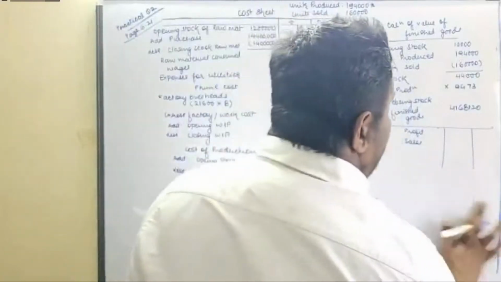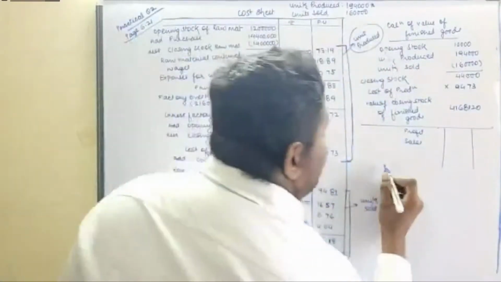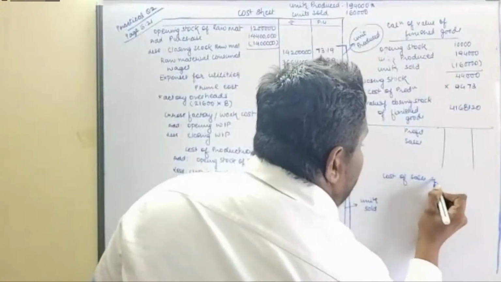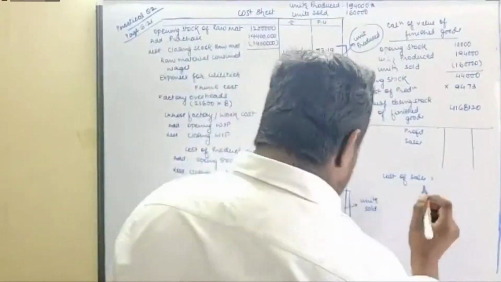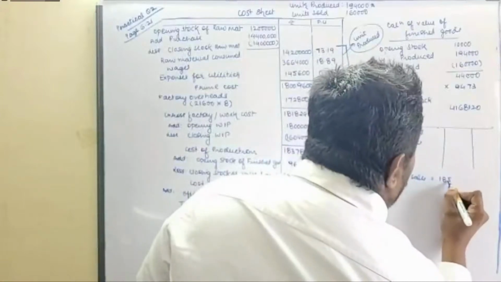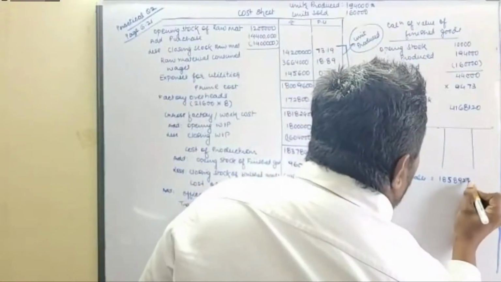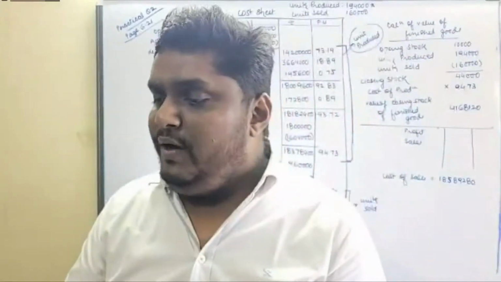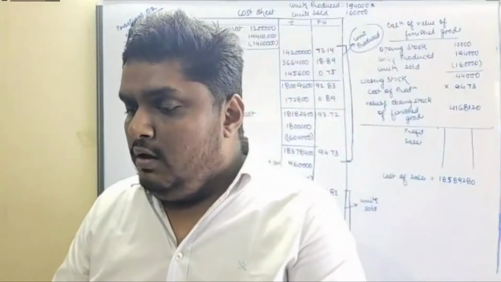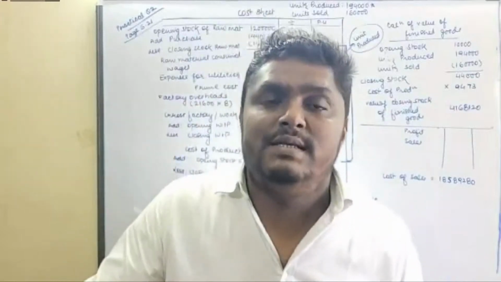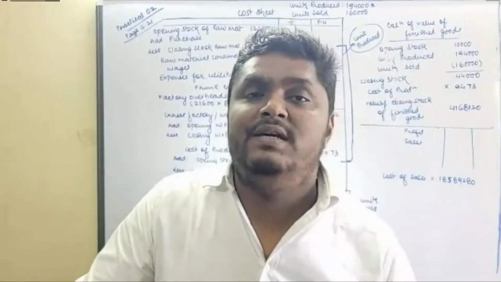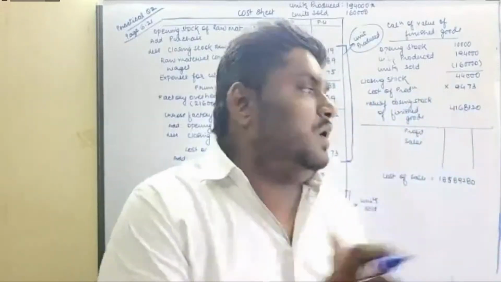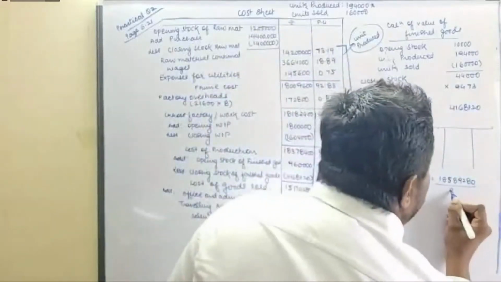So when talking about how to calculate the sales amount, it is given that we have calculated the cost of sales, that is 185,89,280. Now it is given in the question that the profit is 15% of the sales. It means, if the sales is 100, profit is 15, then the cost will be 85. So this will be 85.